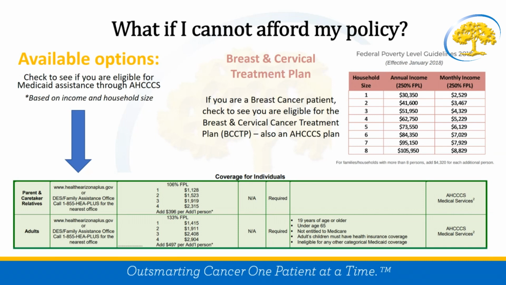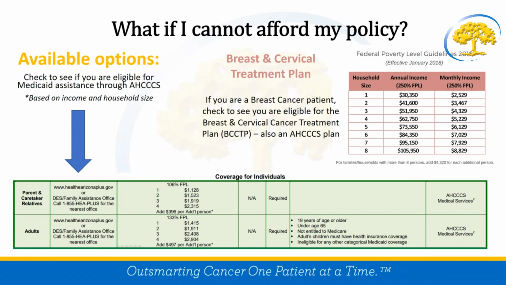So you cannot make, for instance, let's see, for an adult with 2 in the household, you cannot make over $1,911 monthly. Anything over that, you will not qualify. They typically ask for 30 days pay stubs and like a driver's license, and to fill out an application, and an application would be online as well.